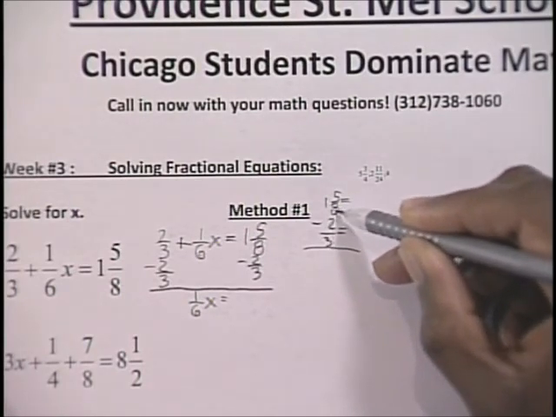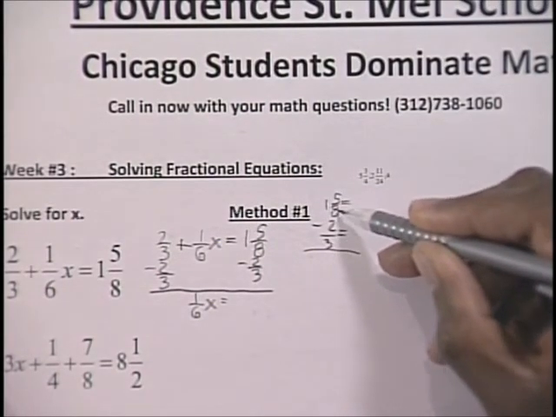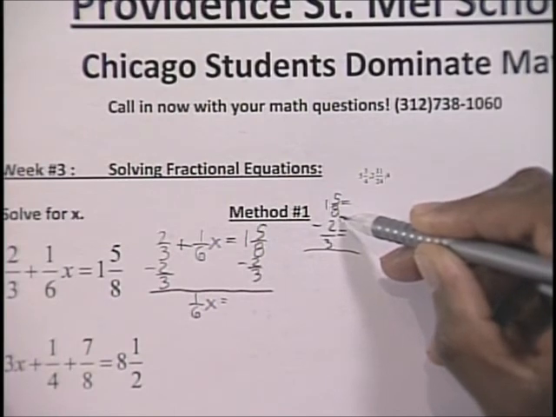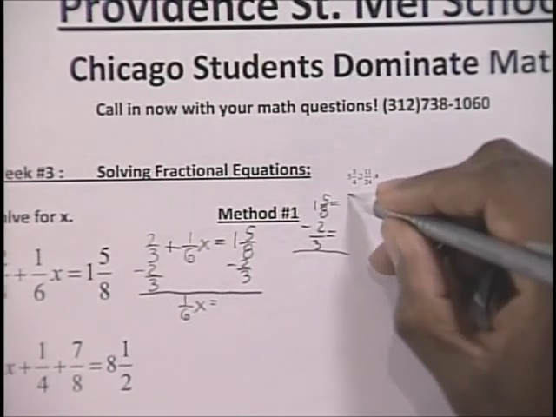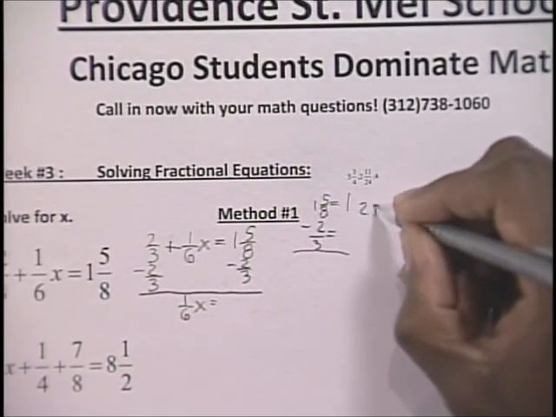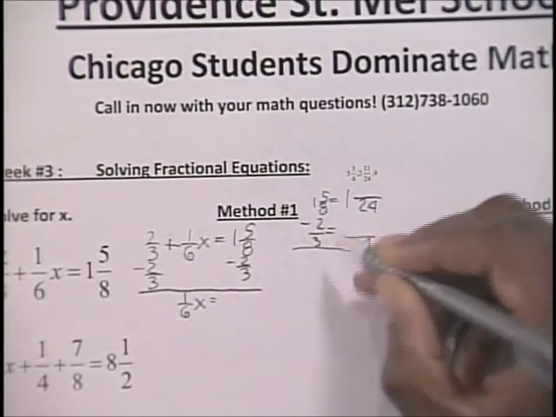You ask yourself, can 3 go into 8? It cannot. Can 3 go into 16? It cannot. You're counting by 8s. Can 3 go into 24? It can. So your least common denominator is 24.